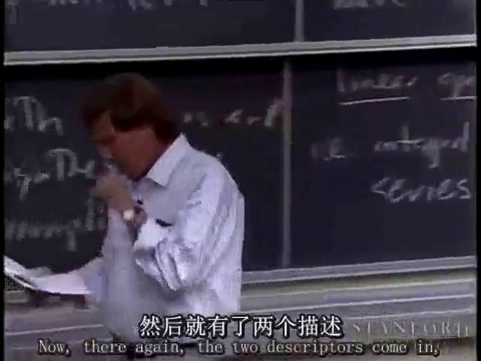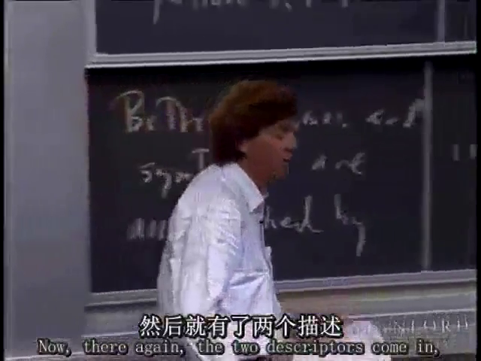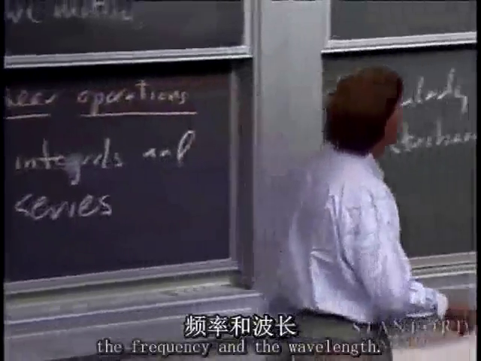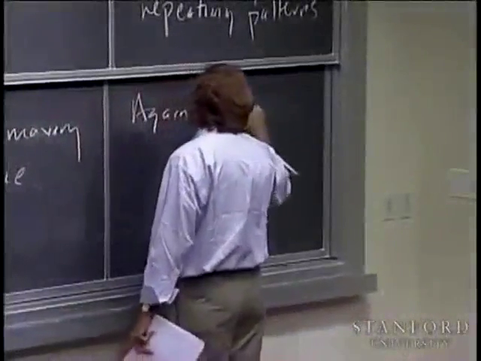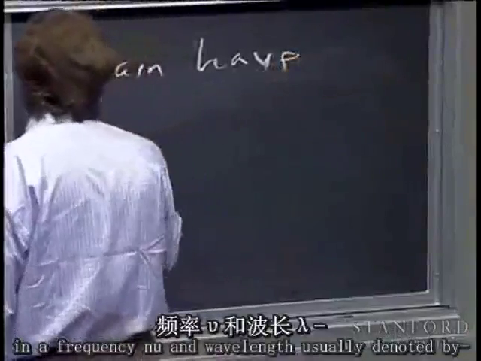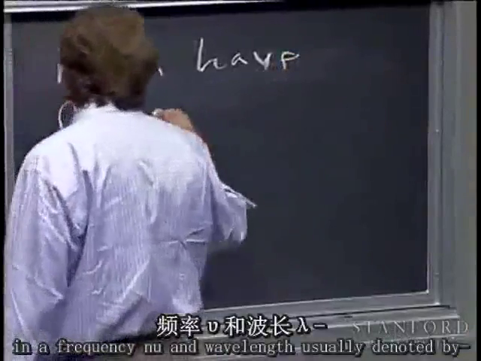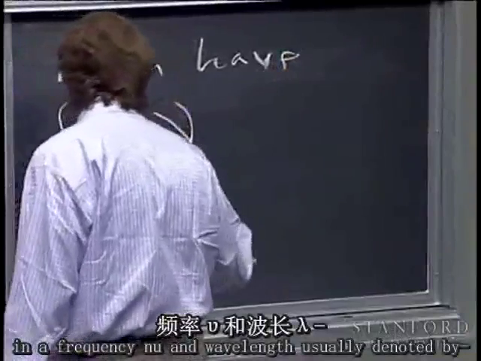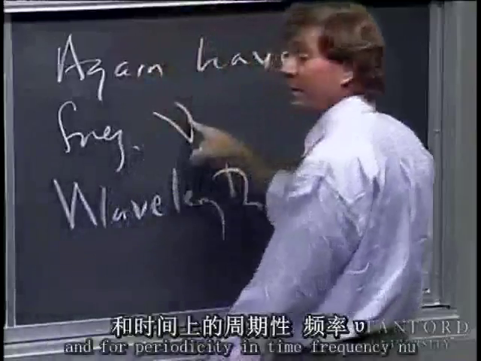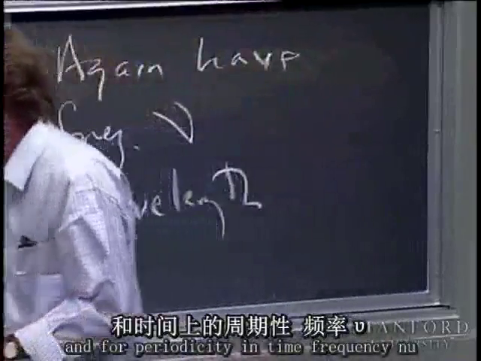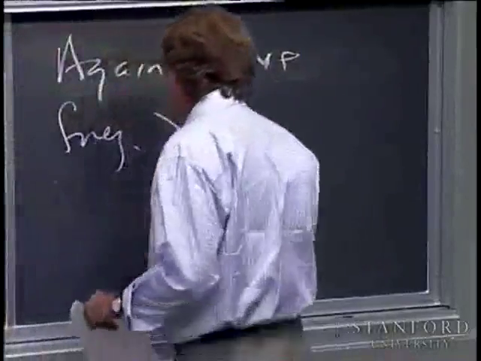Now, there again, the two descriptors come in, the frequency and the wavelength. You have frequency, nu, for periodicity in time.